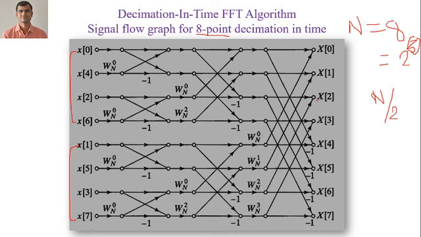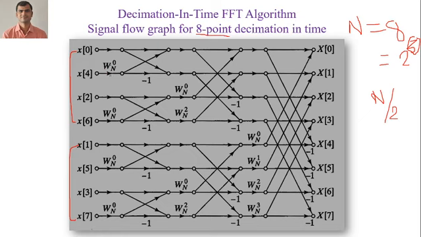Now one basic difference between DIT and DIF FFT algorithm is the following. In DIF, after addition we multiply the Twiddle factor exponents. In DIT FFT algorithm, Twiddle factor exponents are multiplied before the addition.